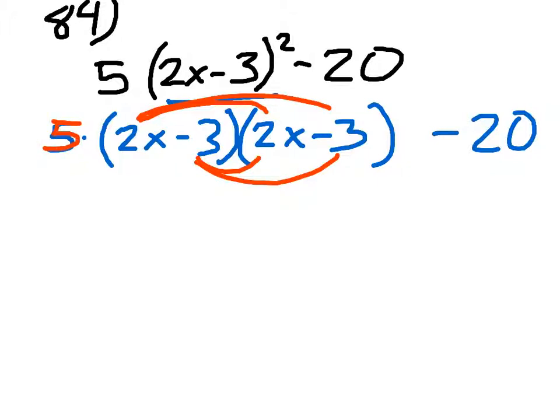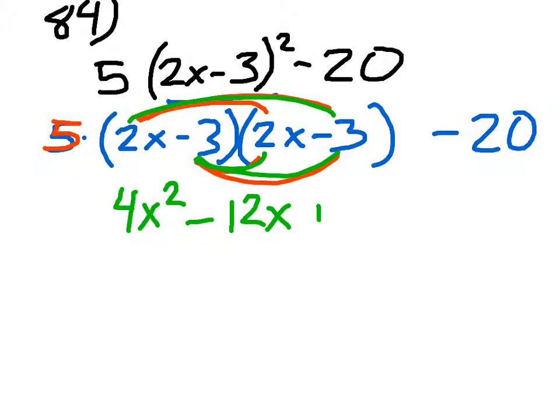All right, so 4x squared, and then I get minus 6x here and minus 6x here, so that's minus 12x, and then the last one's plus 9. And this is all being multiplied by the 5 here.